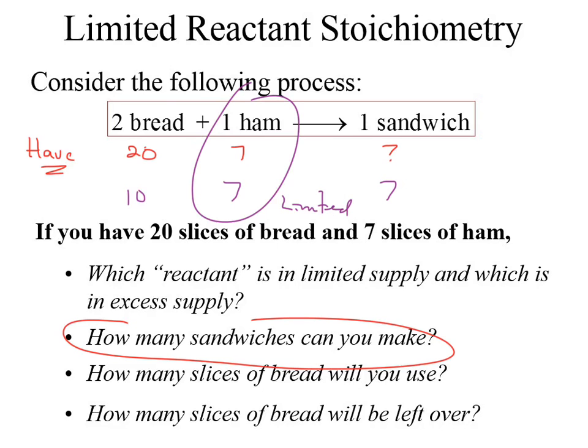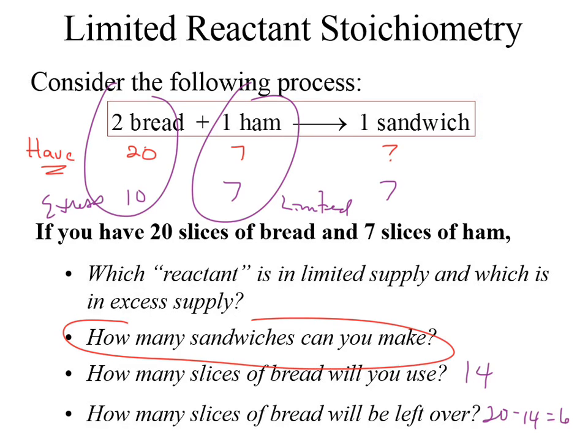Ham is limited. Bread is excess. How many sandwiches can you make? 7. How many slices of bread will you use? Well, it looks like 14. Do you buy that? Me too. So we'll use 14. How many will we have left over? Well, 20 minus 14 is equal to 6.